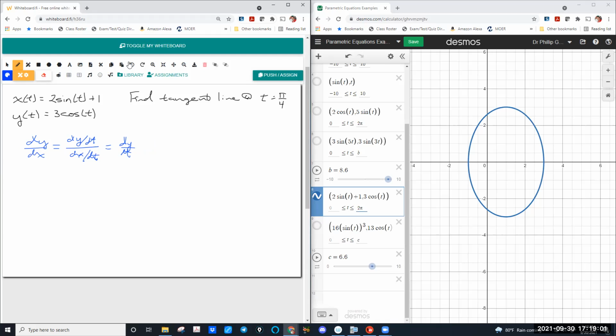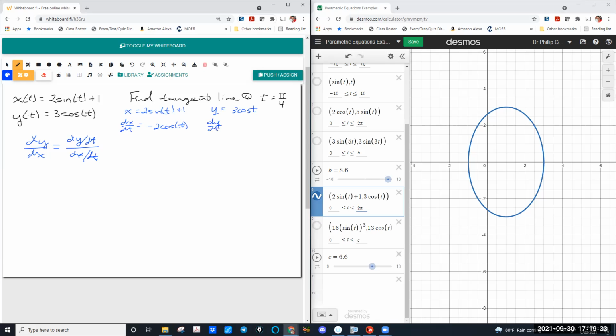This all of a sudden makes things quite a bit easier to deal with. So that means we need, from our functions, well, we have x equals 2 sine t plus 1. So dx/dt equals the derivative of this, which is -2 cosine of t. y equals 3 cosine of t.